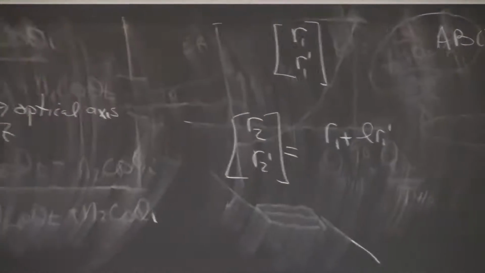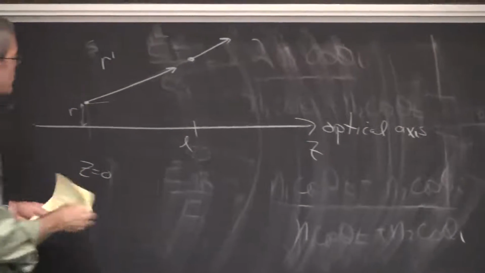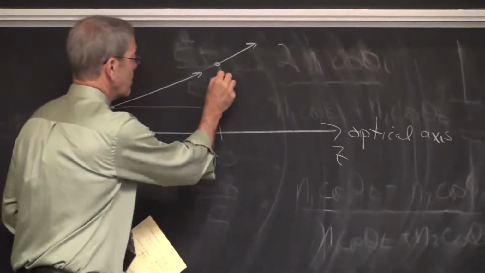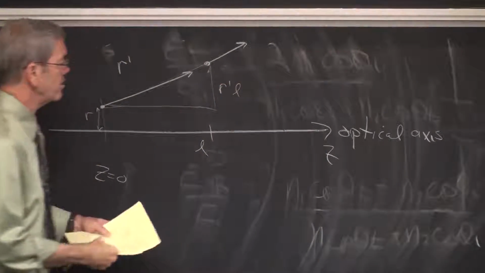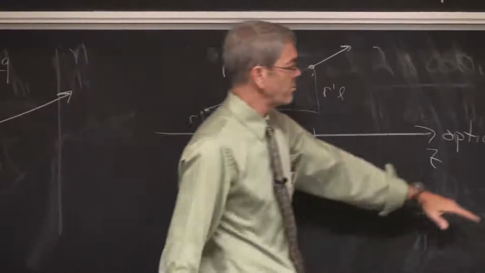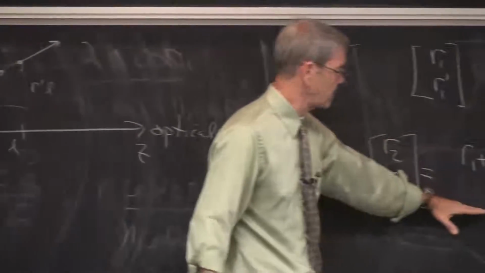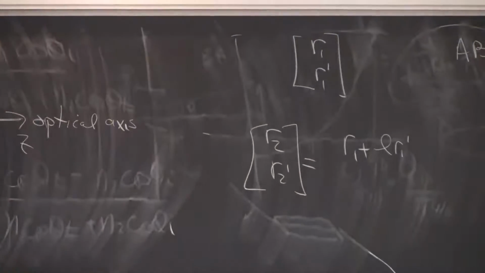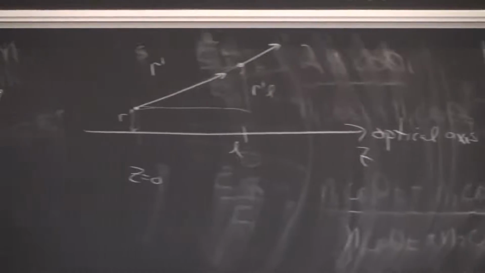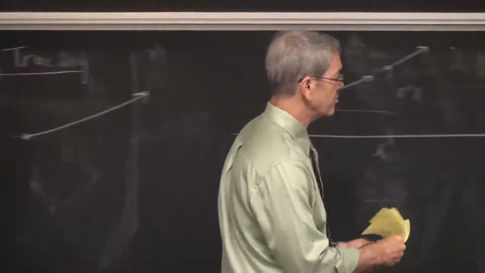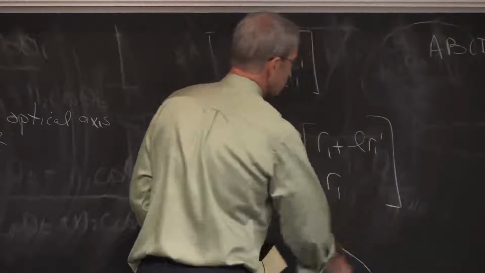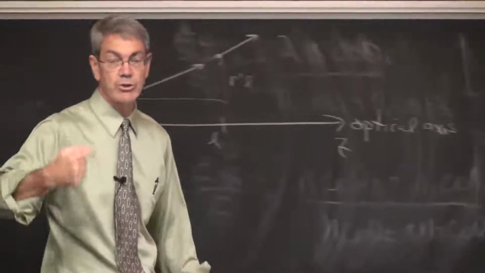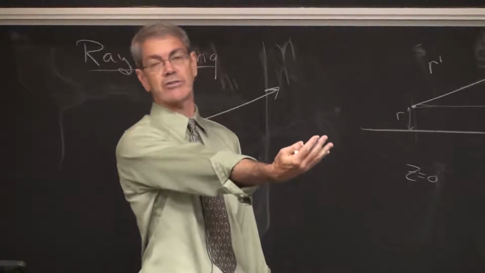So it's the slope times the distance will give me this little rise here, R prime times L. So my new height is that. What's the slope? Same, yeah. So the slope is the same. So there's my new ray. So we just took a ray and propagated it a distance L.